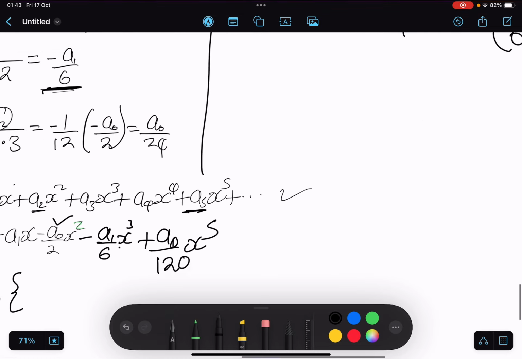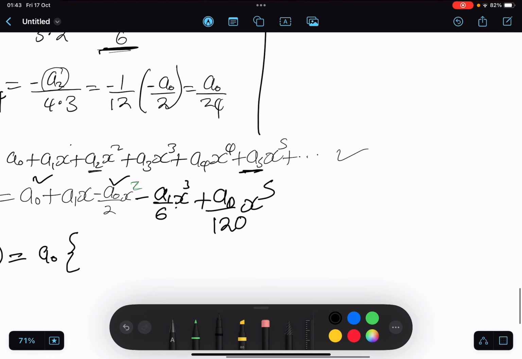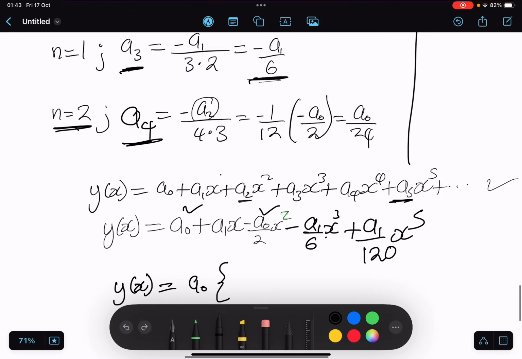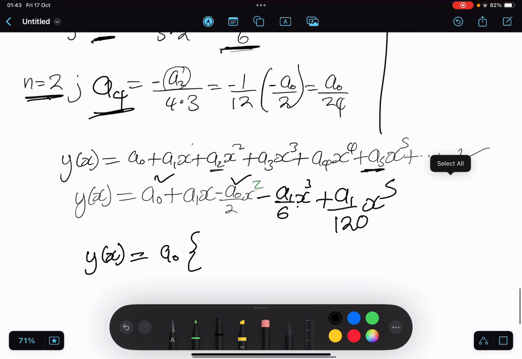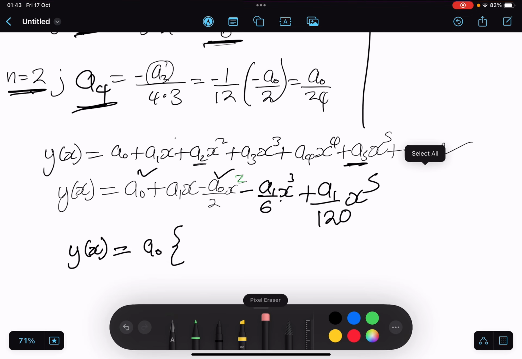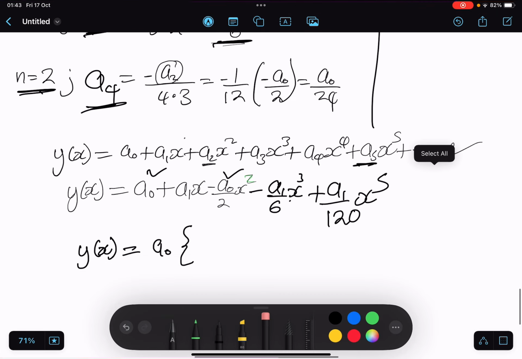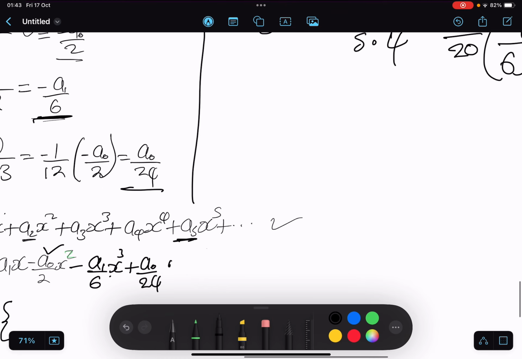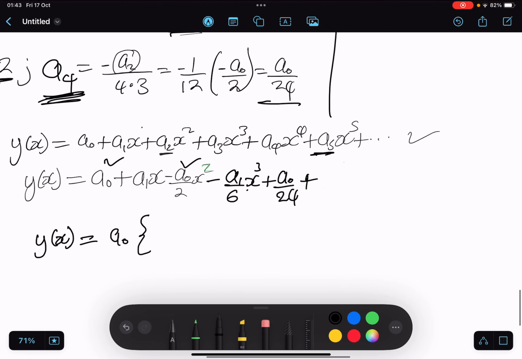So for a4 it's a naught, a4 here, so plus a naught over 24, and then a5 is this, which is plus a1 over 120.